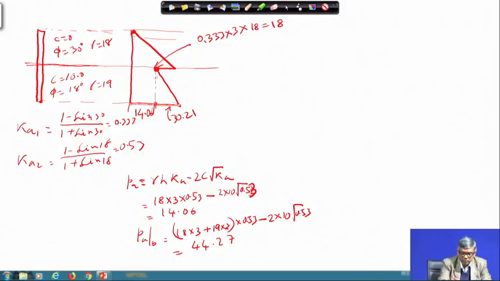So, this point is 30.21, this point is 14.06. So, now this is the pressure diagram you have got.